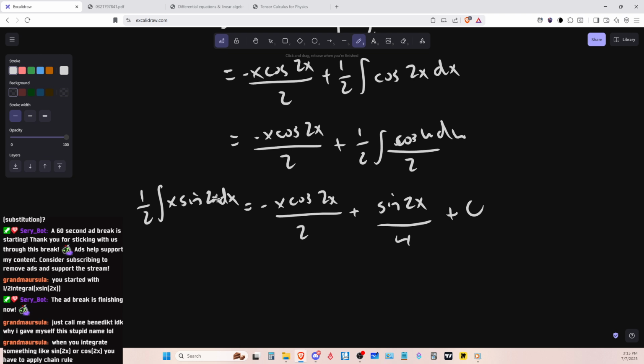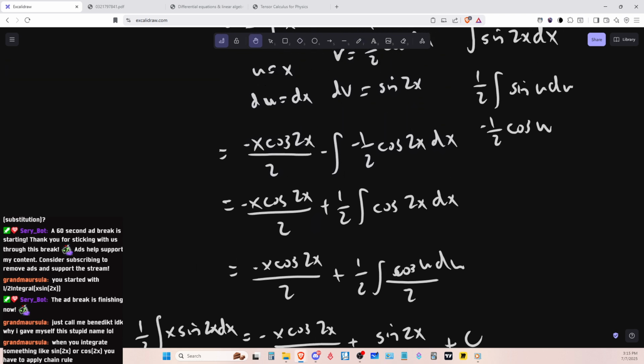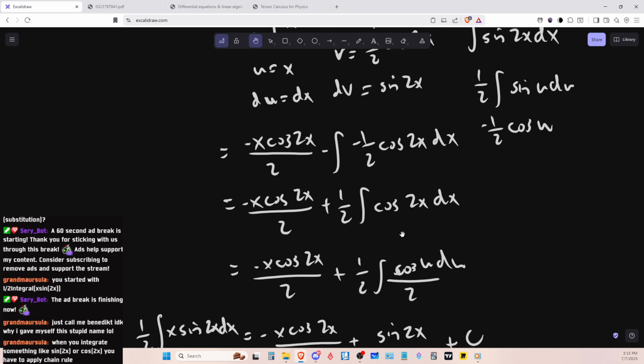When you integrate something, you have to apply the chain rule. I thought I already applied it.